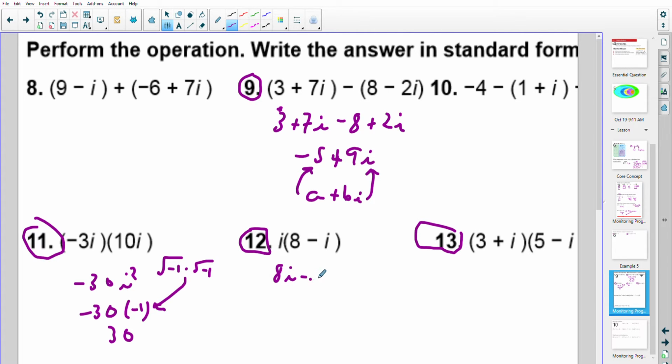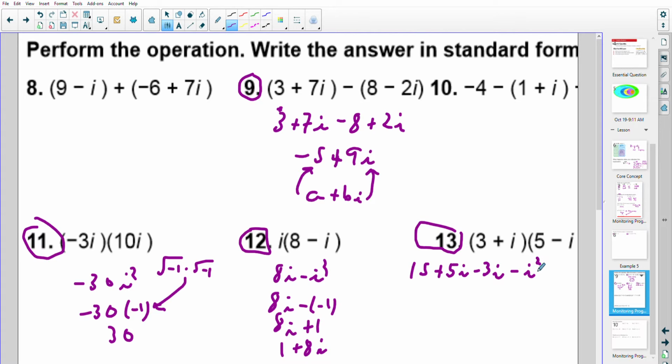Distributing the i through gets you this, which means i squared, again, is negative 1. 8i plus 1, 1 plus 8i, again, putting it in the form a plus bi. When you have two complex numbers that you're multiplying, you have to do the four multiplications. So 15 plus 5i minus 3i minus i squared.